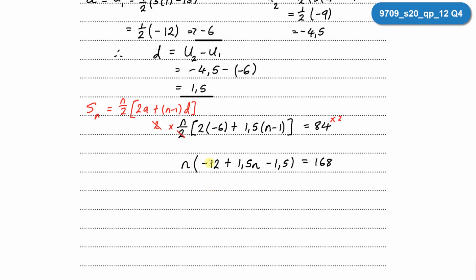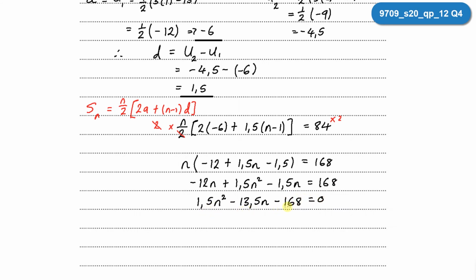So we have n times minus 12, that's minus 12n, and n times 1.5n, that's 1.5n squared, and n times minus 1.5, that's minus 1.5n, is equal to 168. So that means we have 1.5n squared, and minus 12n minus 1.5n, that's minus 13.5n. And taking 168 to this side becomes minus 168 is equal to 0.